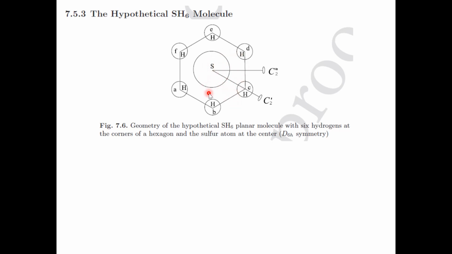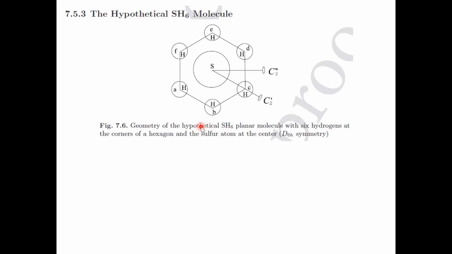This molecule actually does not exist in this form, but it's just an exercise to try to see how a hexagonal group works, as an example. Okay, and let's focus only on the hydrogen s orbitals. Let's ignore for a while what happens in the sulfur atom.